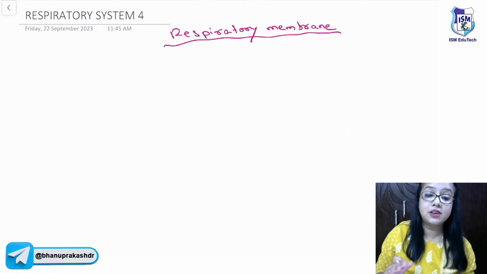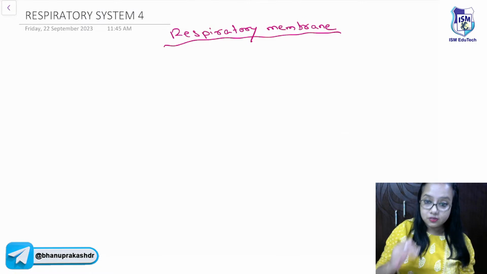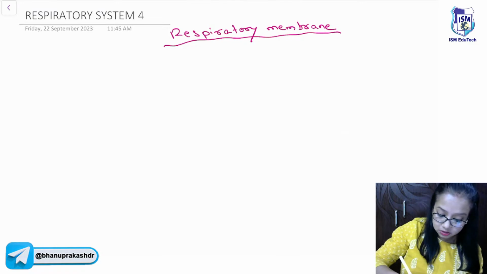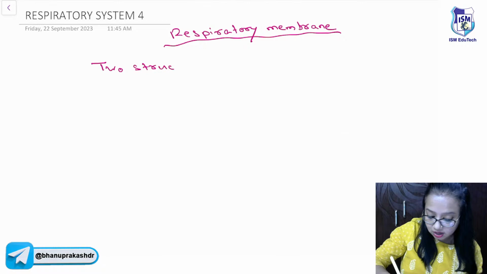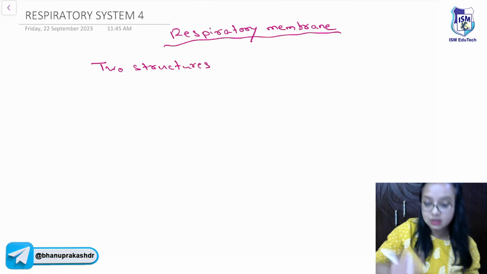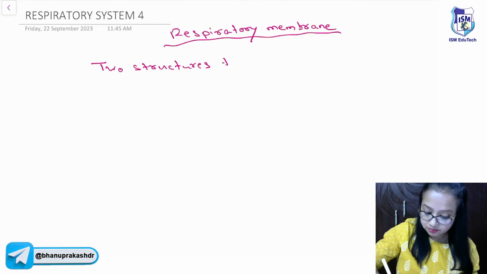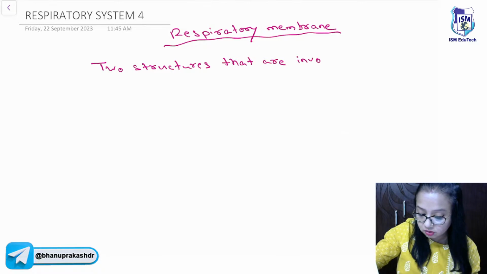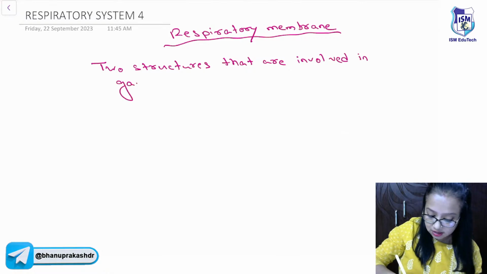What is respiration? Respiration happens between two structures in the whole respiratory system that are involved in gaseous exchange.